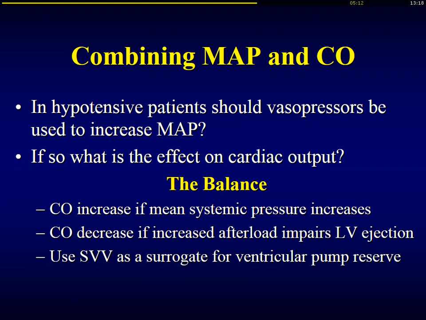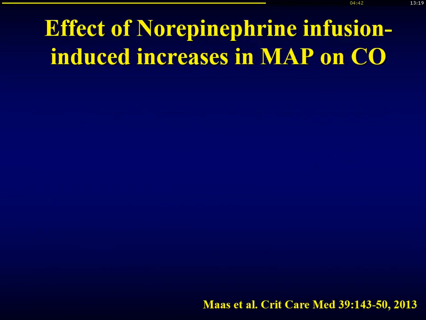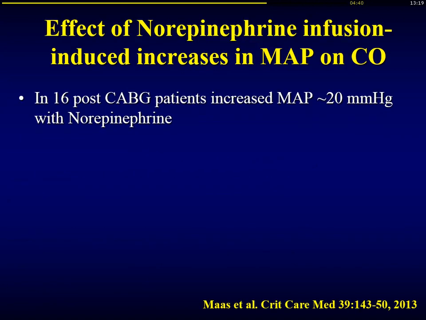And so they asked us to please increase mean arterial pressure by 20 millimeters of mercury using norepinephrine in the immediate post-op period in the patients. And what we found was that when we did this, the cardiac output increased if the mean systemic pressure increased, it decreased if ventricular function was impaired, and we could use stroke volume variation as a surrogate. Let me show you that.